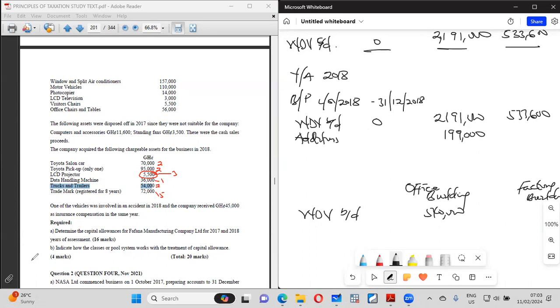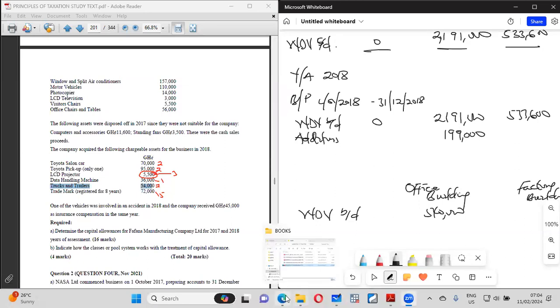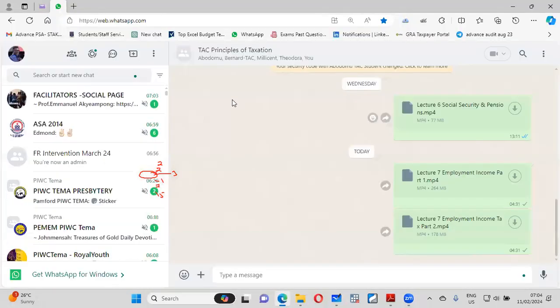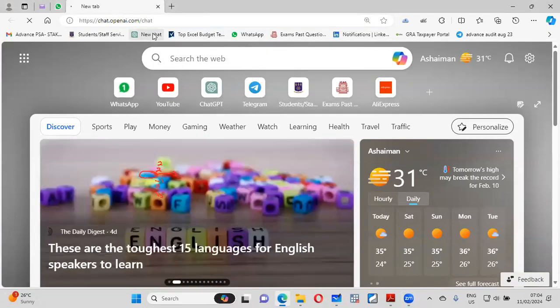So these days, if you have what do we call it? AI, which I have one, we can ask AI what AI says about that. So let's go to AI. Let's see what AI says about that. But for me, it is part of the computer peripherals. All right. So that is that. Let's see what ChatGPT has to say about that.